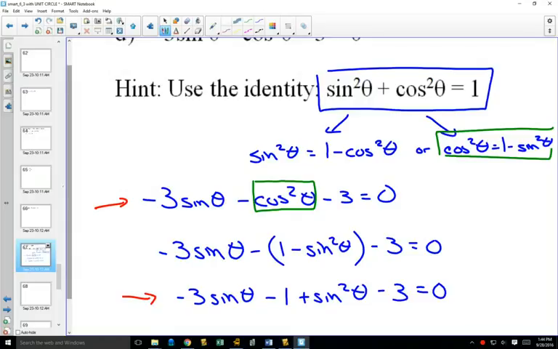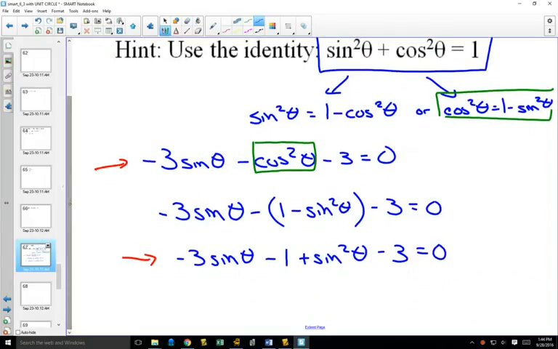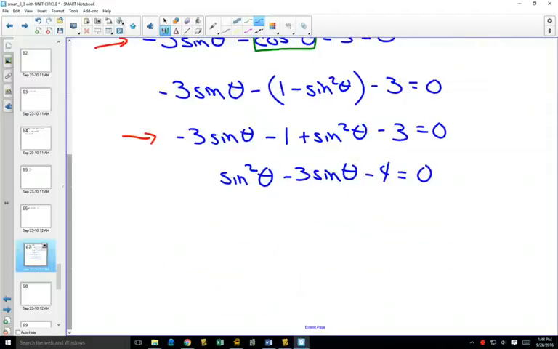Can you see that this is a quadratic? It's got something squared. So we can rearrange this. Whenever we're solving something with something squared, we always wrote the squared first. Negative 1 and negative 3, those are like terms. So let's write it this way so we can think about factoring it.